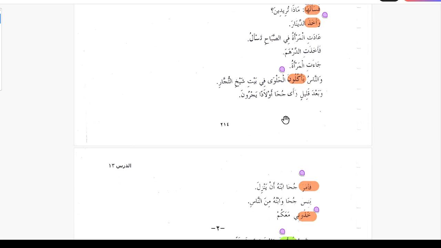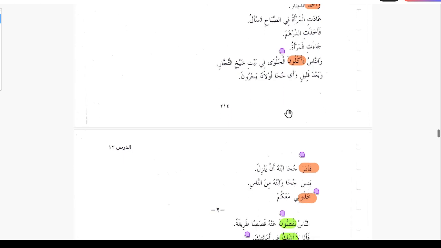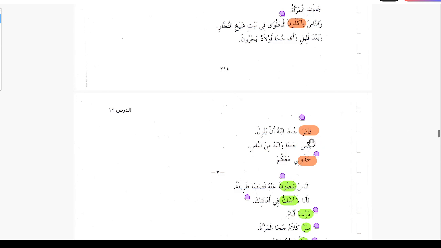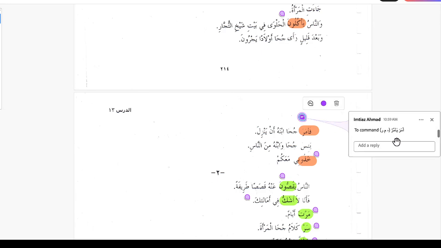So Ra'a is the verb that has, as we have seen above, one of the root letters as Hamza here.